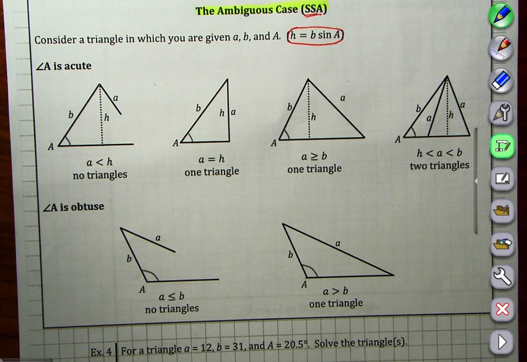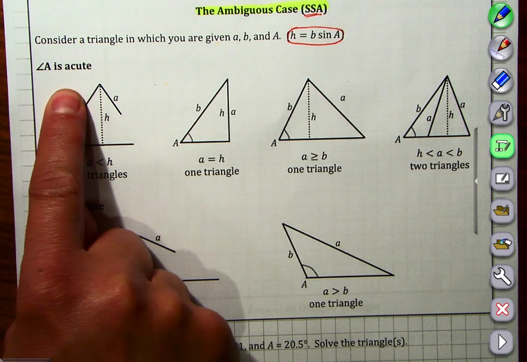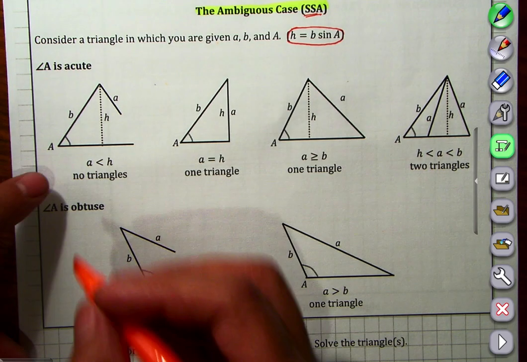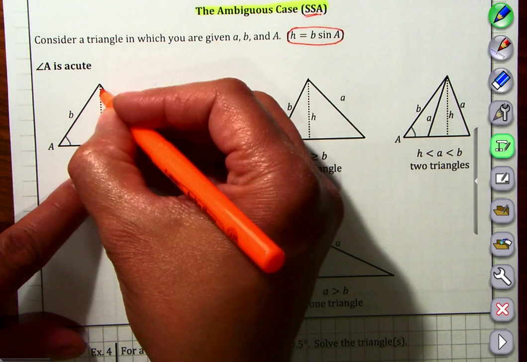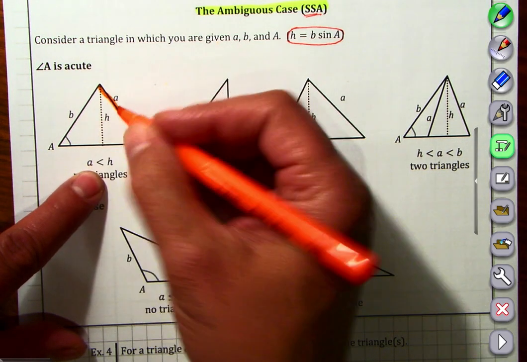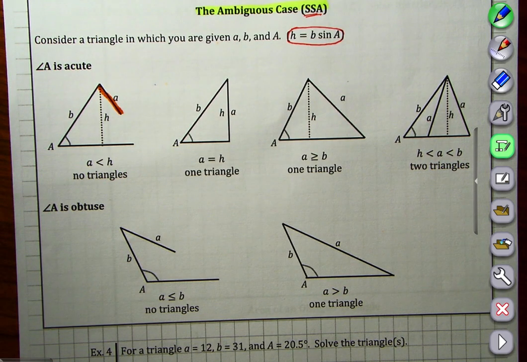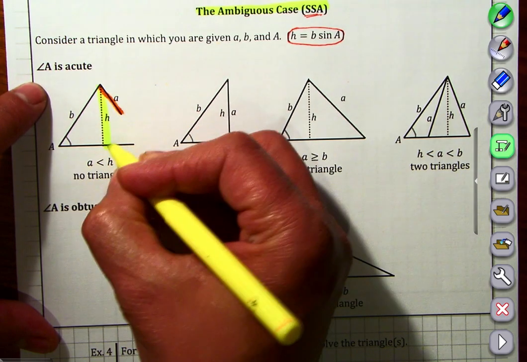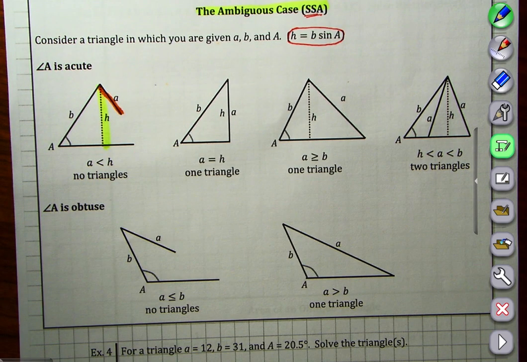So if you have an acute angle A, if the side A is shorter, is less than the actual height, then you have no triangle. Let me see if I can illustrate that for you guys.